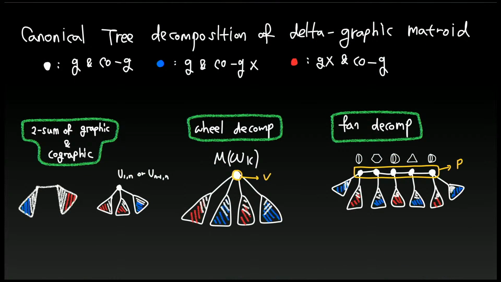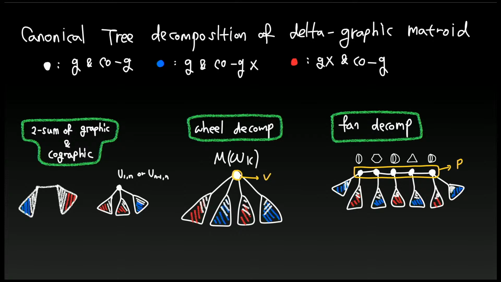Then by the decomposition theorem, we know that a delta-graphic matroid is obtained from the cycle matroid of a minor of a Hill graph.